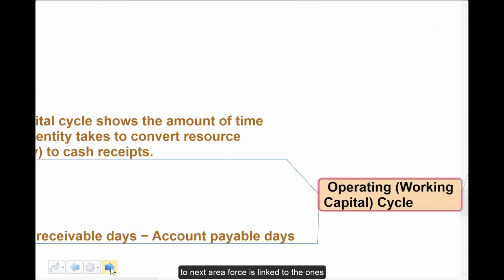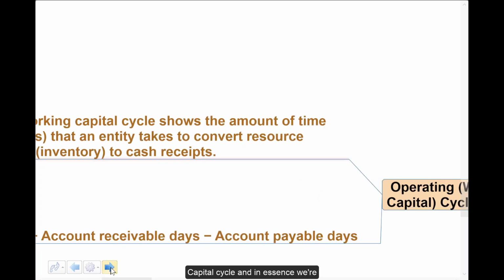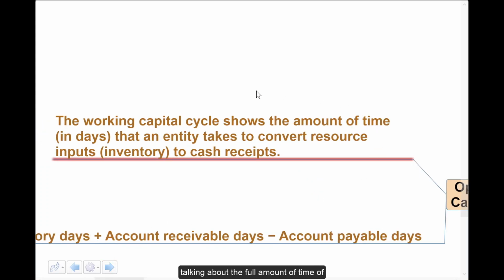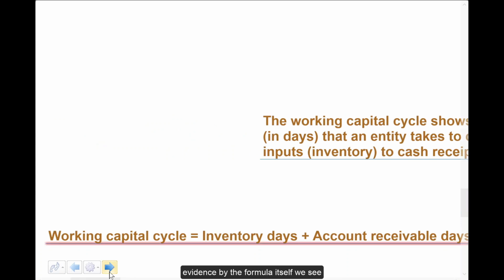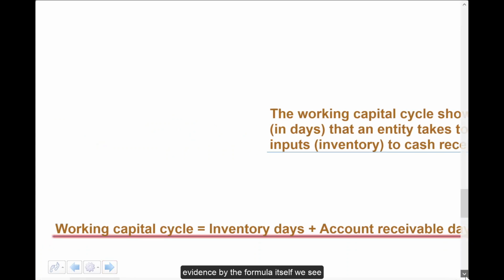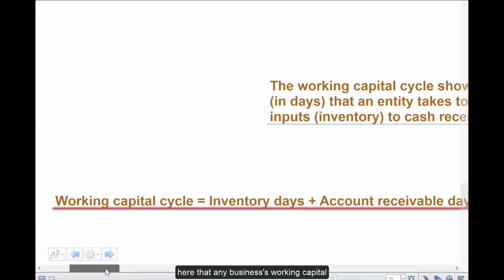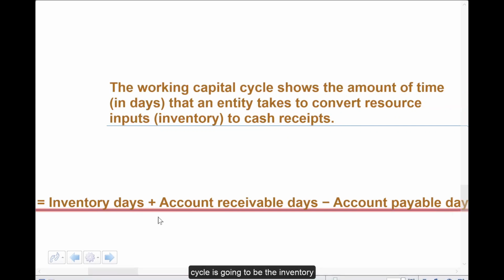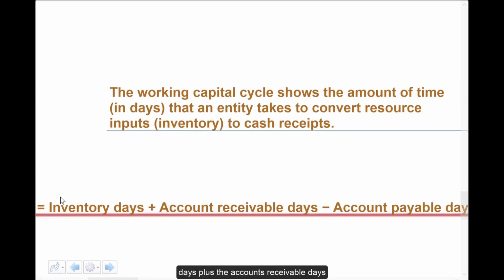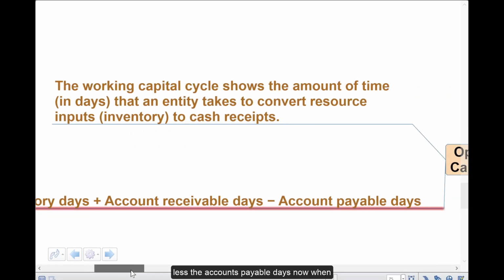Next area for us is linked to the ones above, the operating working capital cycle. And in essence, we're talking about the full amount of time of converting resources, generally inventory, into cash. So in essence, a little bit of a loop, really. And you'll see that evidenced by the formula itself. We see here that any business's working capital cycle is going to be the inventory days plus the accounts receivable days less the accounts payable days.